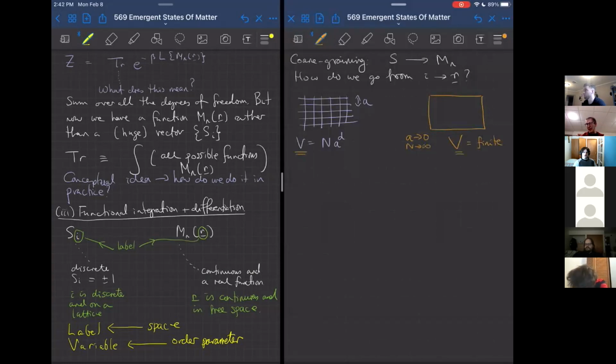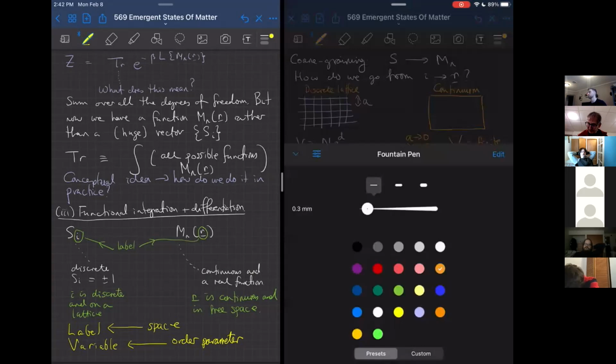So you can imagine that I've taken those lattice spacings and made them go continuously to 0, and so this is the continuum. And versus it's discrete.